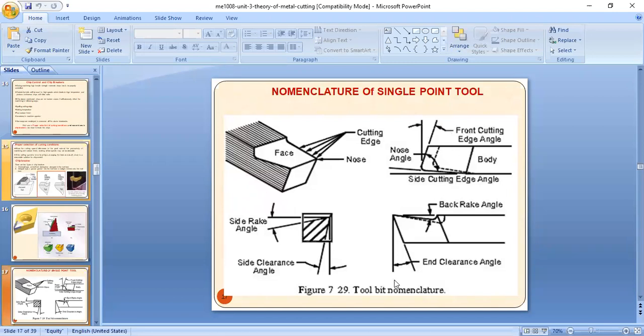The side cutting edge angle is the angle between the side cutting edge and the longitudinal axis of the tool. You can see the axis which is parallel to the base of the tool, that is the side cutting edge angle, and we have that particular front cutting edge angle.